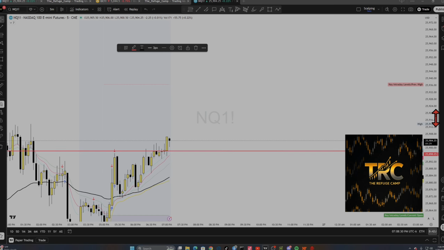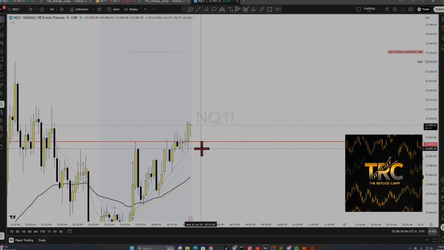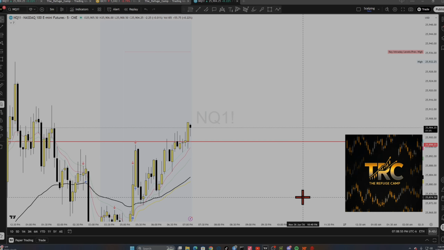Do you consider that a retest of the top of the flagpole? I'm not looking at flags right now, but yes, that is a potential. I would say that the top of the flag here at the 896.75 deserves a valid retest. This is almost close enough to count it as good, right? Because we're looking at zones, we're not looking at hard lines in the chart.